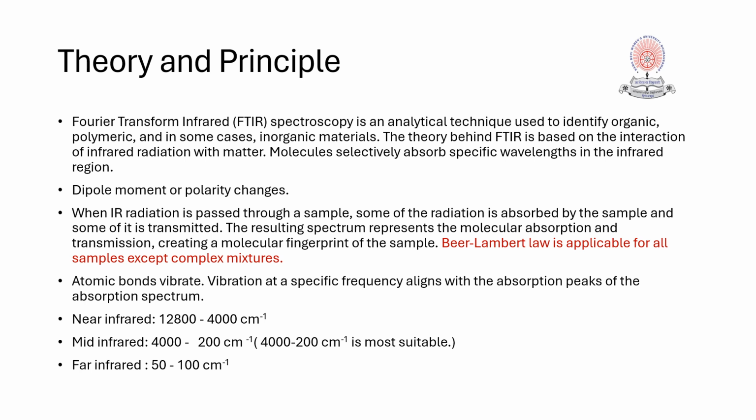So once the sample absorbs the IR light, the dipole moment or the polarity changes. A part of the radiation is absorbed by the sample, a part is transmitted, and the resulting spectrum represents the molecular absorption and transmission.